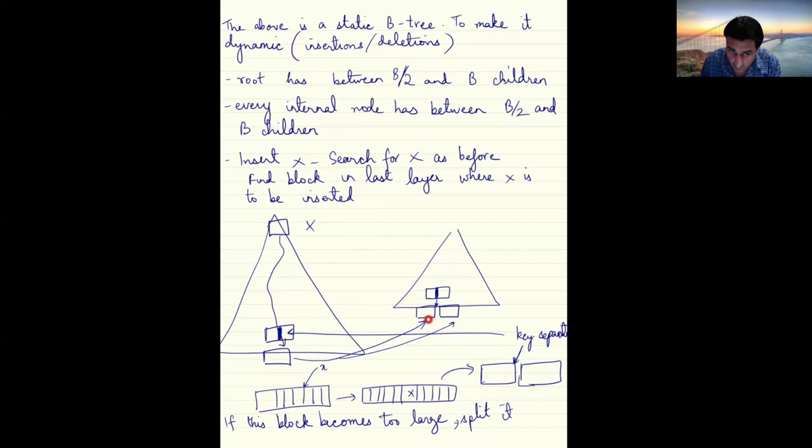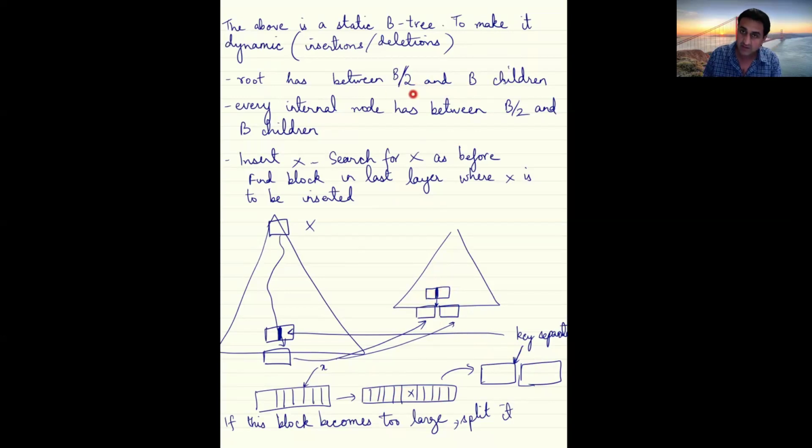Now, when I split the block into two small blocks, this may trigger a change to the parent of these blocks, because now its degree may become B plus 1. If its degree before was, say, B minus 5, then that's fine. Even when the last layer block was split, the parent has one extra child, but its degree was B minus 5, now it's B minus 4.